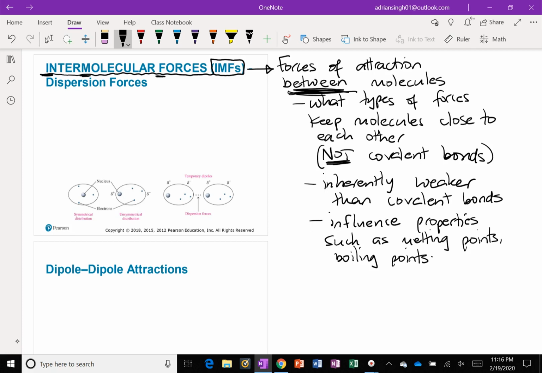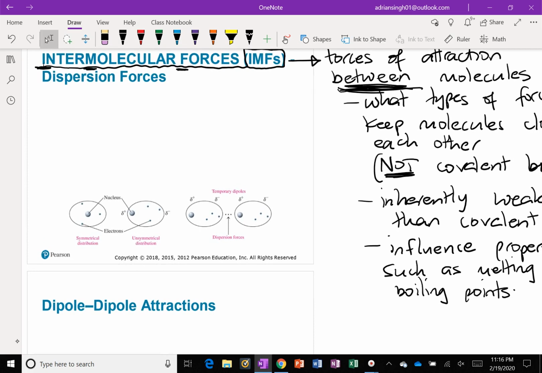The first type we're going to take a look at are intermolecular forces known as dispersion forces. Dispersion forces are considered the weakest force of attraction between molecules.